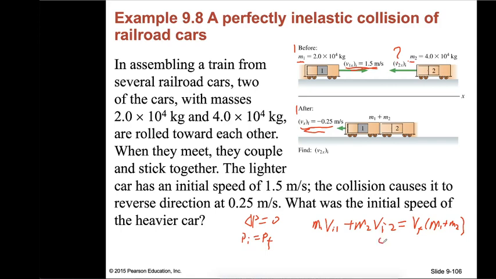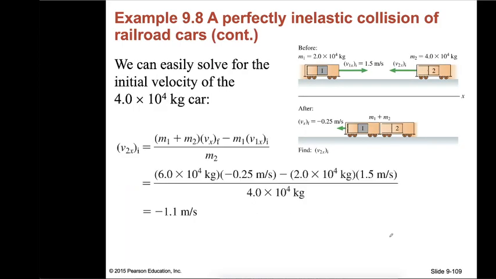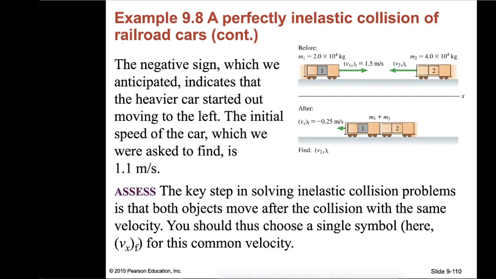So the only thing you don't know is V initial 2. All the other numbers you already know. So you can do a calculation, then you get V initial 2. That's the way of solving such a problem. You will get the answer to be negative 1.1.